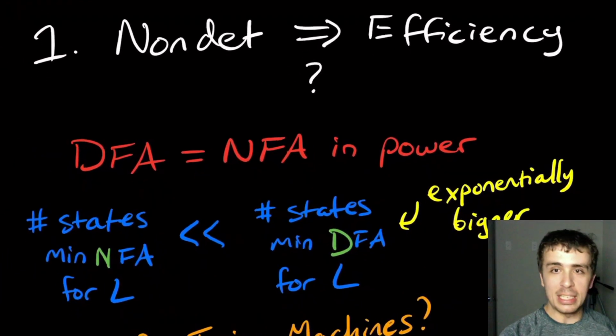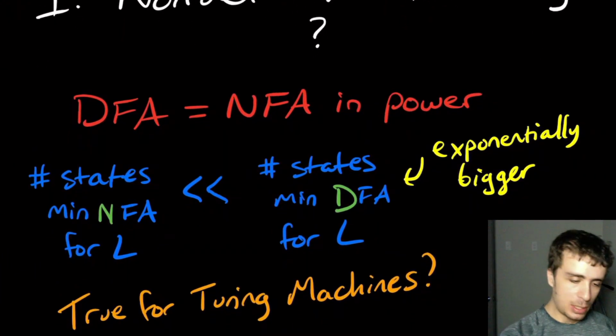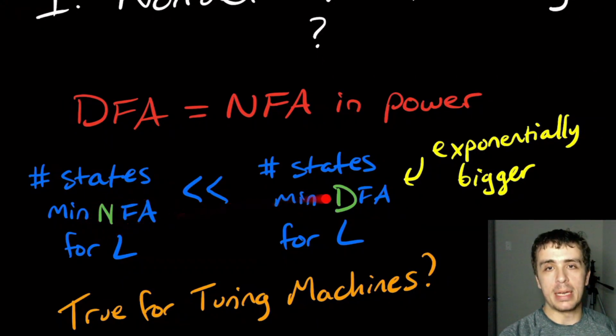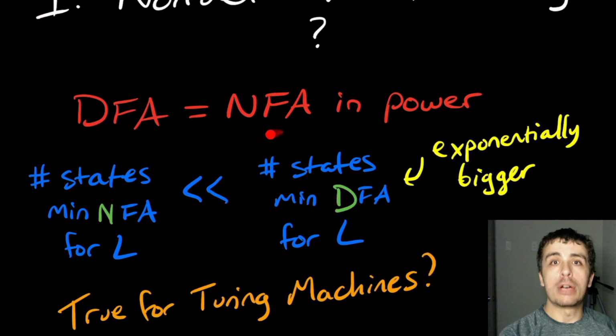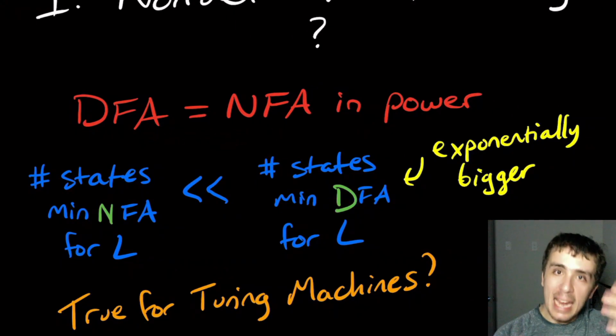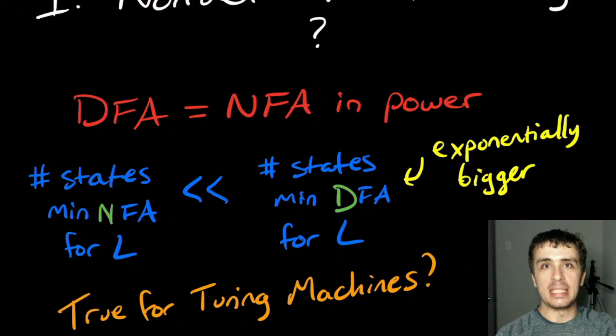As an example for what you learn in the class, we talk about non-deterministic finite automata and deterministic finite automata too. It turns out that they're equivalent in power because we can convert any NFA into an equivalent DFA.